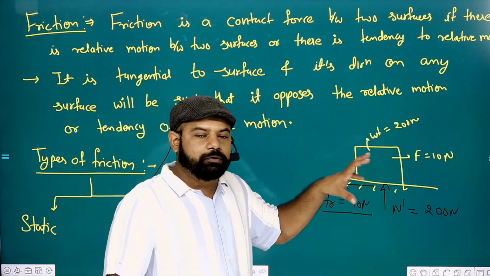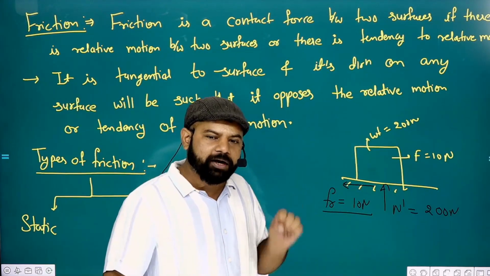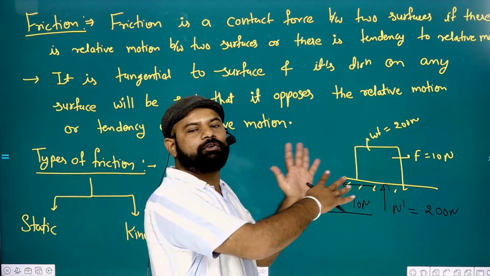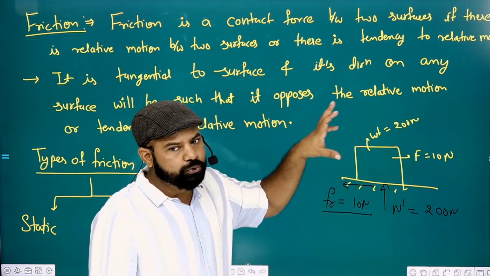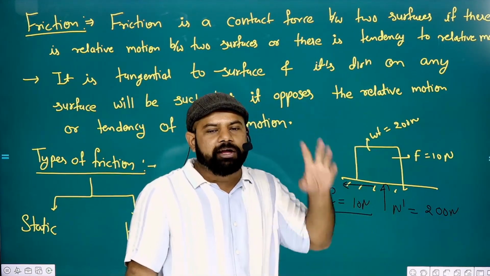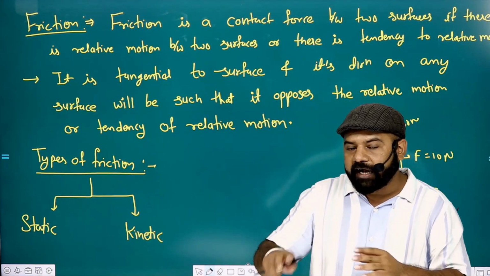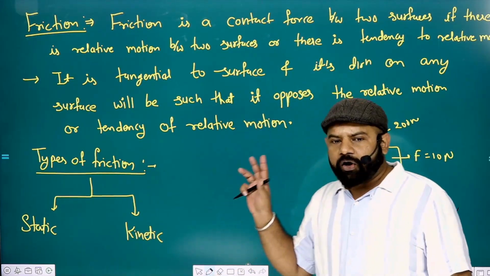So both this friction as well as this normal reaction are contact forces, right? But the force which is perpendicular to the surface, we define as normal reaction, and the force which is parallel to the surface, we define as friction, and this friction force is due to interlocking. Now this force acts if there is relative motion between two surfaces or tendency of relative motion between two surfaces, so it is a contact force.